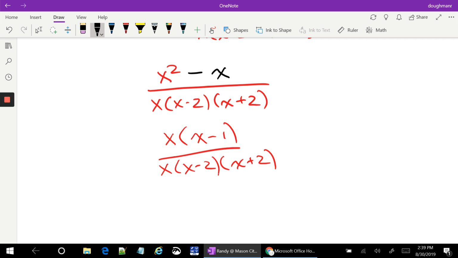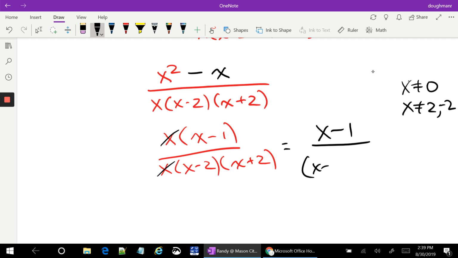Now what cancels? I can cancel the x. Now remember, if I'm ever asked what the domain is, I have to add x not equal to 0 to my domain. I know that x can't equal 2 or negative 2. Right, and I'm left with x minus 1 over quantity x minus 2, x plus 2.